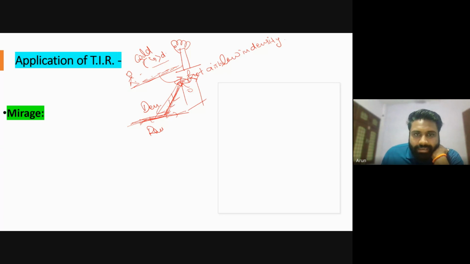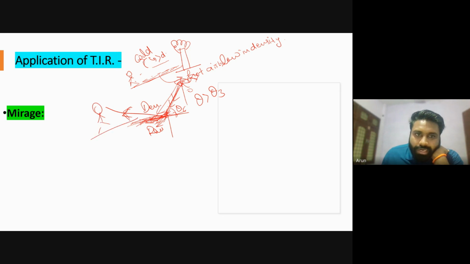For some angle less than theta c, this ray moves away from the normal. And for a particular angle theta c, it moves along the boundary. But if the angle of incidence theta is greater than theta c, then this ray will be reflected.